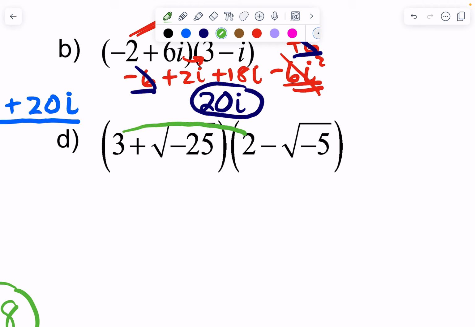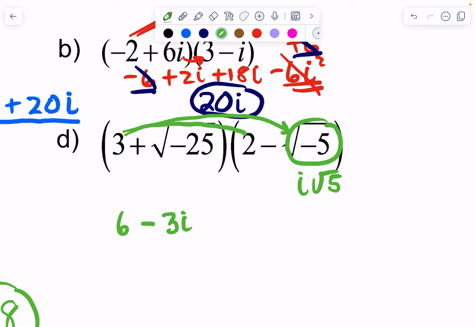Okay. Another example here. 3 times 2 is 6. 3 times a negative square root of negative 5. Well, remember that the square root of negative 5 is really i times square root of 5. So this is negative 3i square root of 5. Then I have the square root of negative 25, which is 5i, times 2.